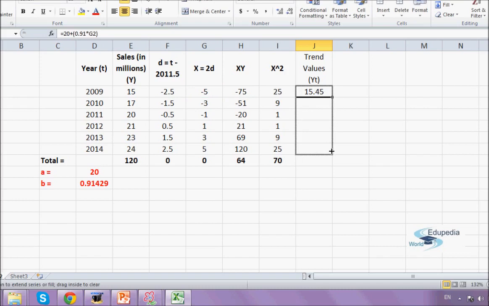We can drag it down to all the cells. It's 17.27 in the next, and so on. In the last one, the value is 24.55.